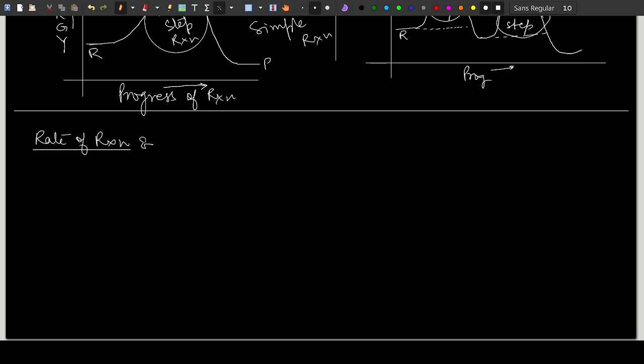What is rate of reaction? Rate is equal to change in amount upon time taken.